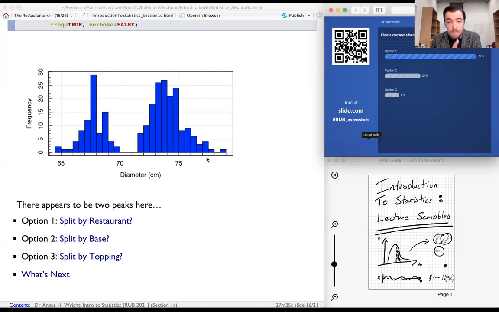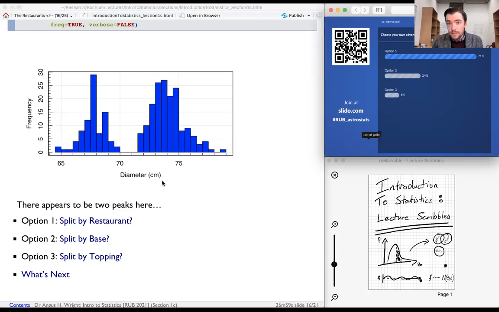So we probably should have gone back and looked at the format of the restaurant data. However, we can do that step at the same time as doing this next step in the analysis by plotting the distribution of diameter just split by restaurant and letting the actual plotting device that we're using do that for us.